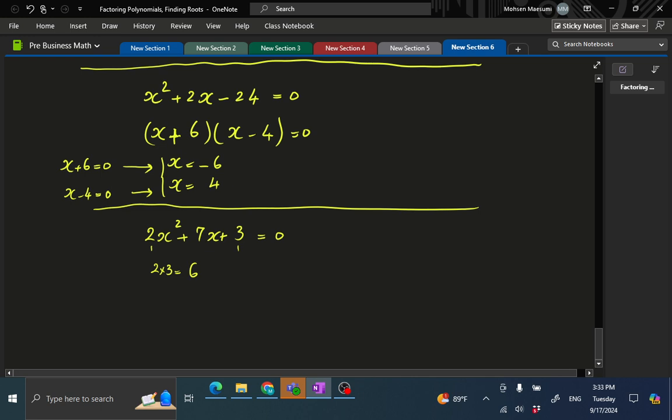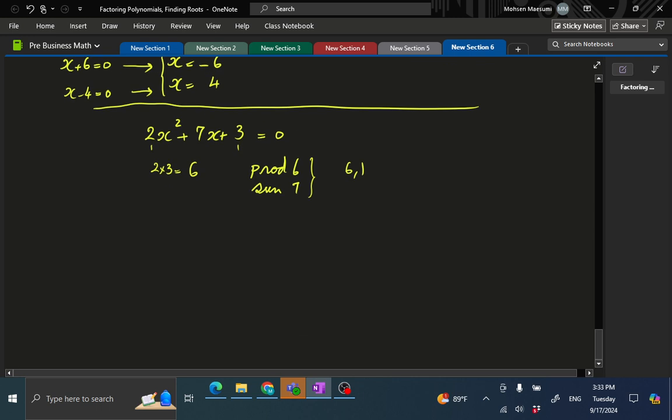So I want the product to be 6, and I want the sum to be 7. Well, what are two such numbers? Obviously 6 and 1. Then rewrite 7x as 6x plus 1x. So this is how we broke down that 7x plus 3.